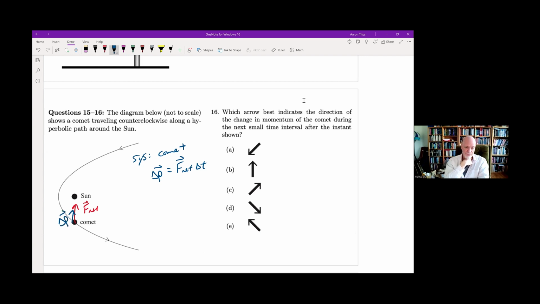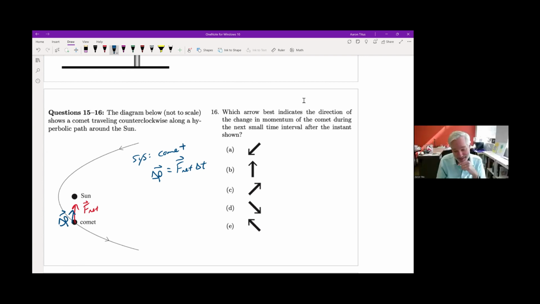Now, your choice of system can make the problem almost trivial or almost impossible, depending on how you choose to set up your bookkeeping.